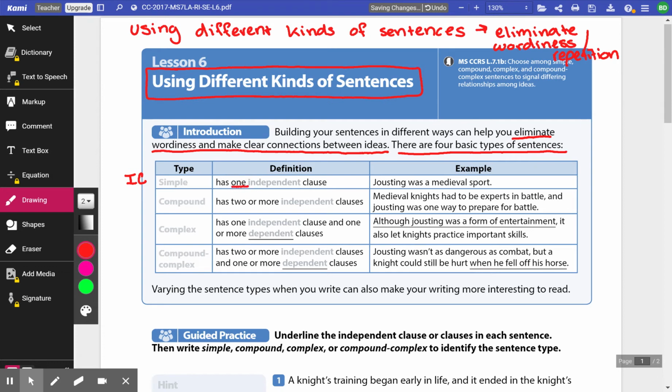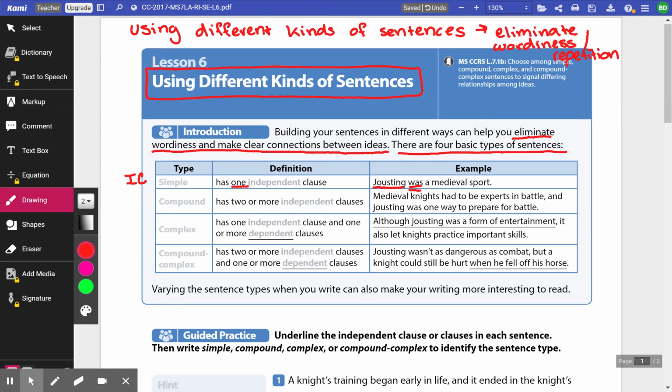And just as a refresher, an independent clause has a subject and a verb, and it can stand alone as a sentence by itself. It doesn't need any help to be independent. So a simple sentence is one independent clause. And the example that it gives us is jousting was a medieval sport. So my subject would be jousting, and my verb would be was. So I know I have a subject and a verb here, and it's just one single independent clause for that simple sentence.